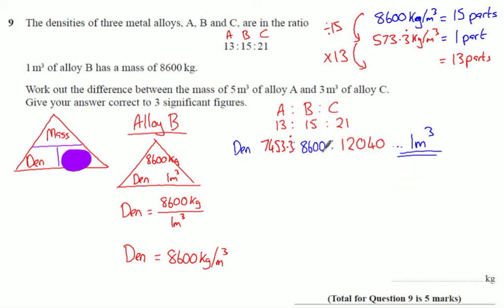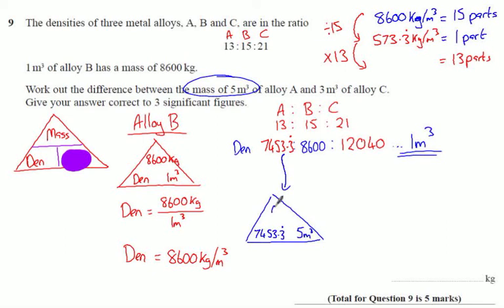I have my densities. I've been asked to work out the difference between the mass. Okay, so let's look at this one. This is density. I'm going to put this in a triangle. The density is 7453.3 recurring. Its volume is 5 meters cubed.